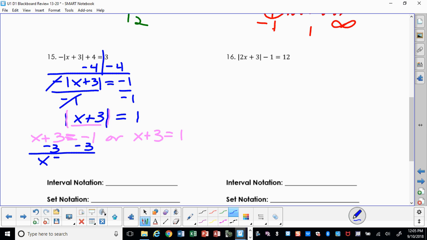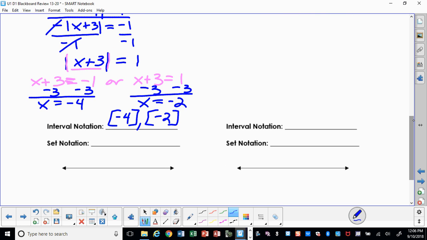So I get x equals negative 4 is one of my solutions. I'm going to do the same thing over here. Okay, solve them separately. And I get x equals negative 2. So those are two separate numbers. So I have negative 4 is one solution and negative 2 is the other solution.